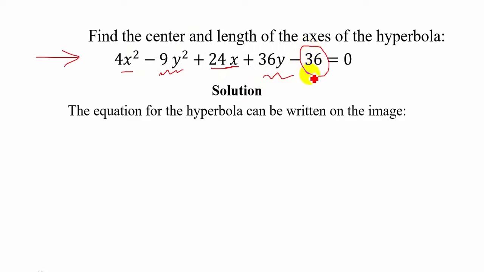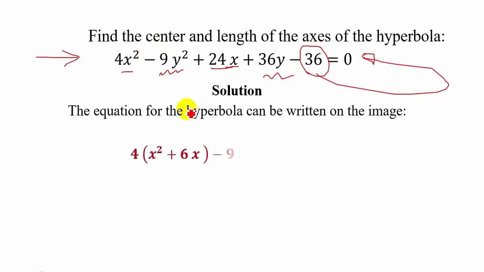First, that one we want to move it outside here, so it will be 36 positive, and we have only positive. So I will collect this one together, and I will collect this one together in two brackets, so it will be something like that. So I am gathering all x's together and all y's together.